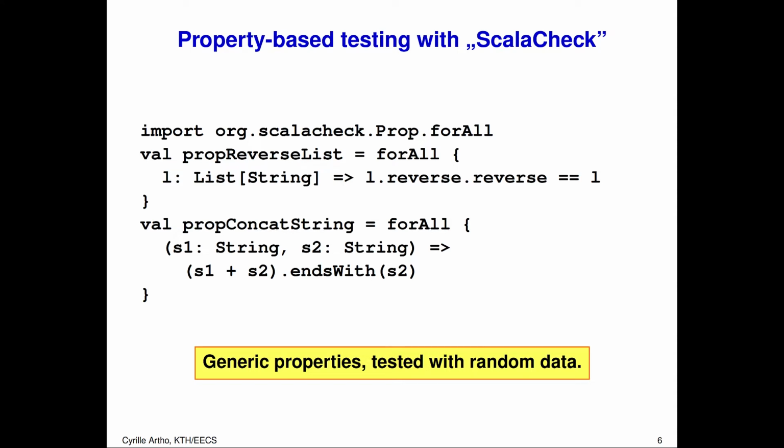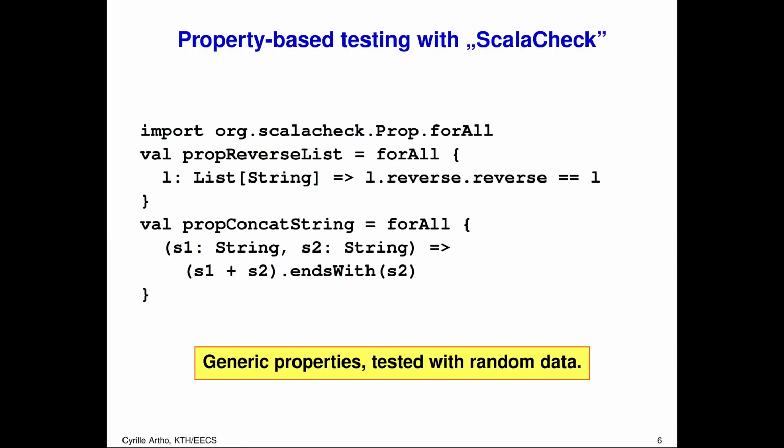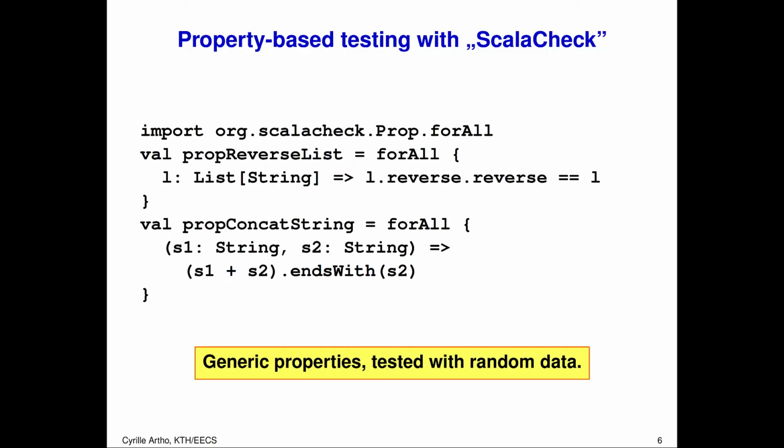With property-based testing, we try to describe what happens if we perform a certain action or two actions on the system or on an input. In this example, we see if I reverse a list twice, we go back to the original list. And we also see in the second property, if I add one string to another one, the result ends with the second string.